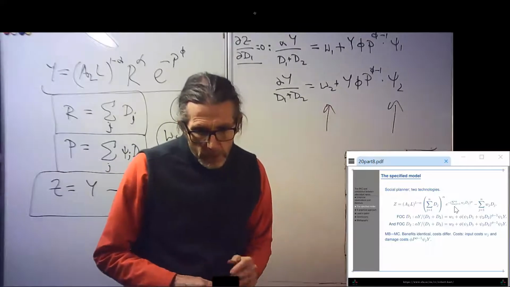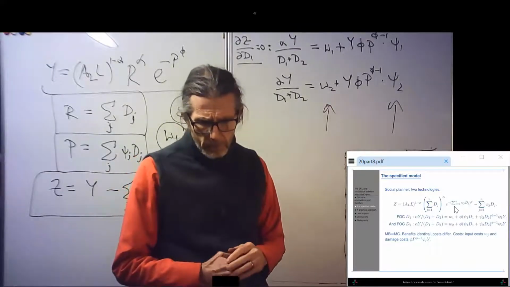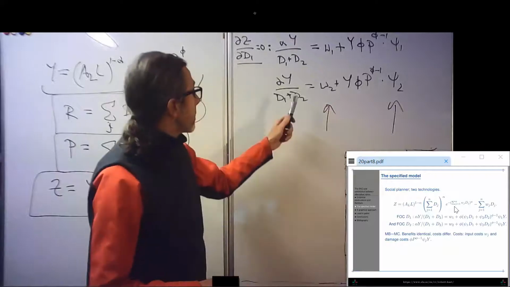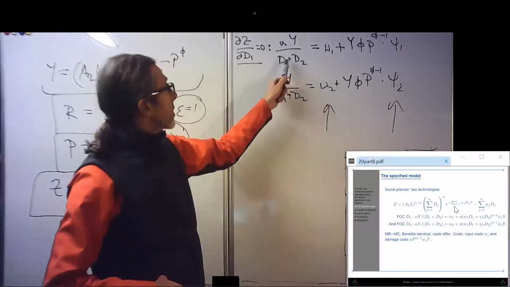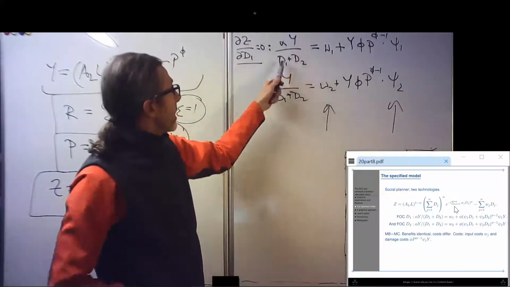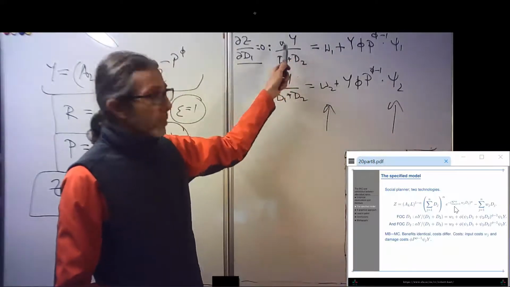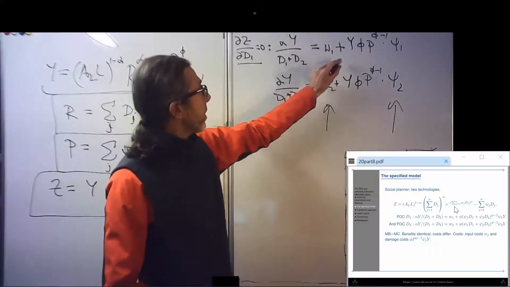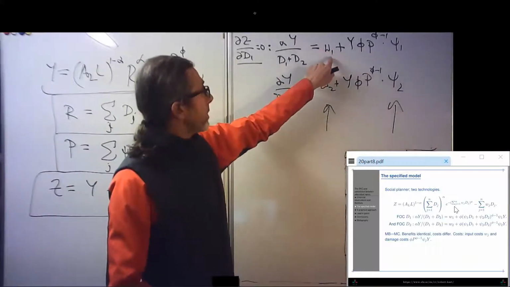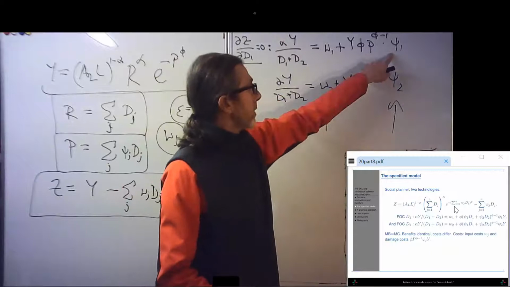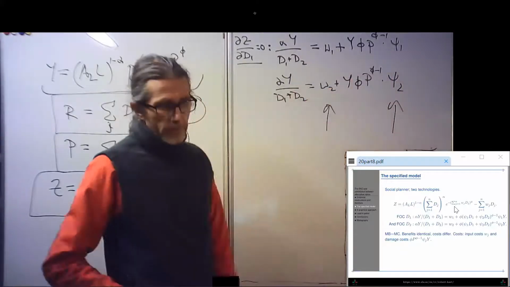So how is this going to pan out? These expressions say the marginal benefit of using this input D1, that's this, the extra production, is equal to marginal costs, which is the sum of the cost of digging it out of the ground plus the damages. And it's the same for D2.